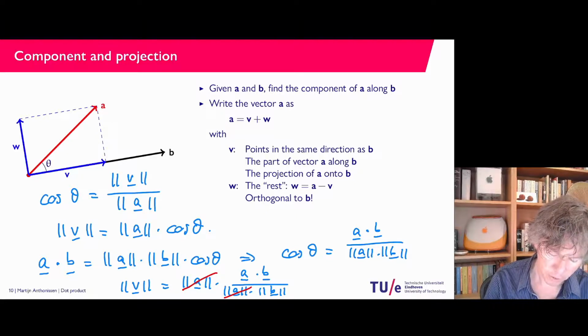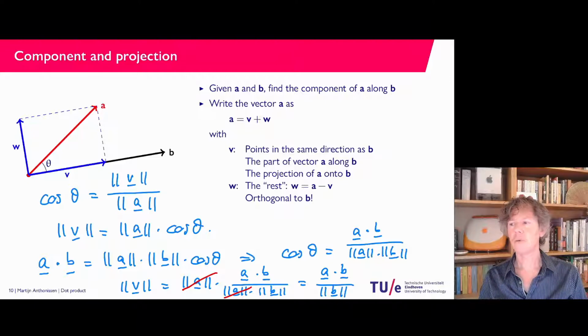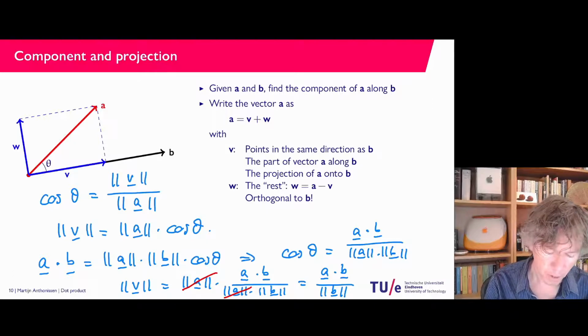So I can write this as A dot B over length of B. So I'm already quite a long way here, because I now know that my V vector, the length of this blue vector here, so this length is given by this formula.